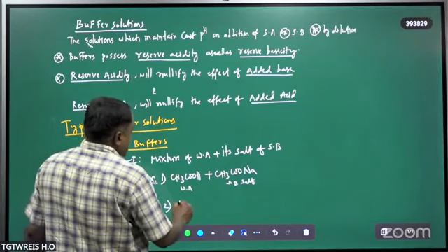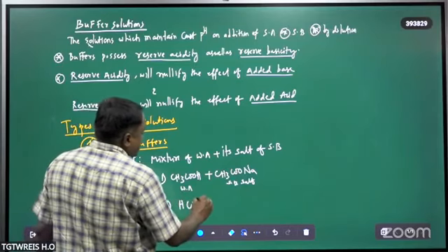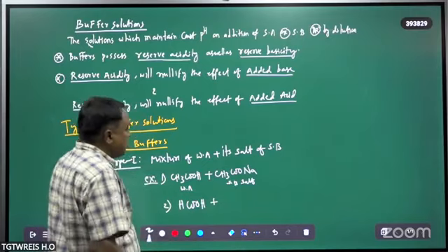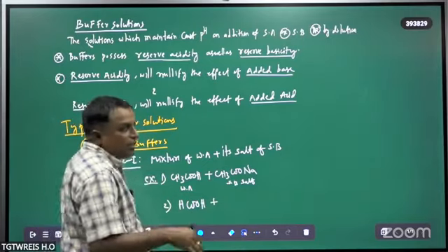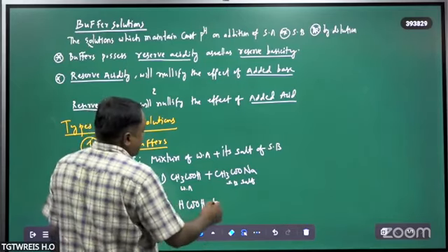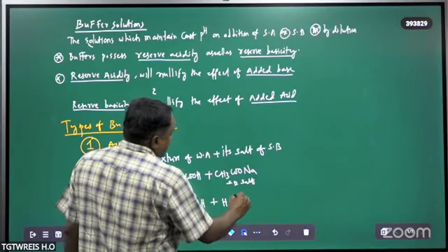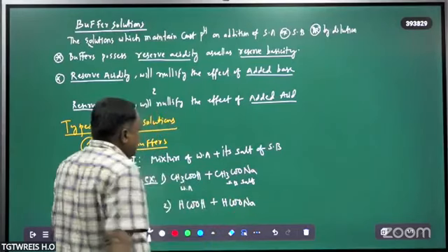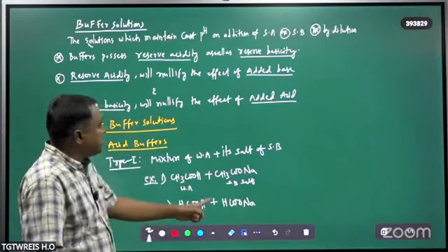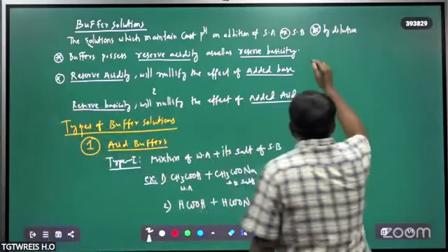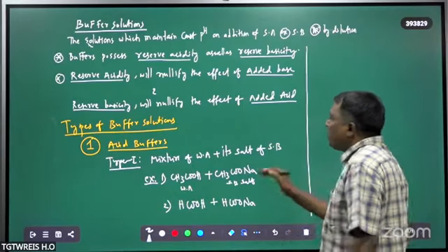Suppose HCOOH, this is again a weak acid, an organic acid, weak compared to strong acids like HCl, H2SO4, etc. HCOOH is the weak acid and its salt is HCOONa. So it is also a combination of weak acid and its salt of strong base. Therefore, it is also an example of acid buffer type 1.